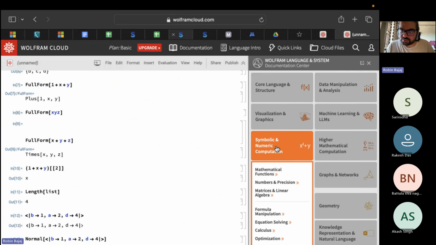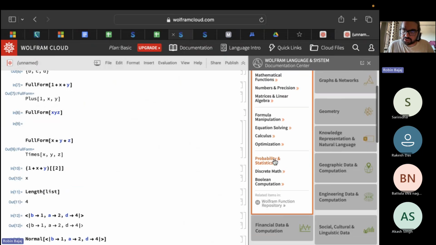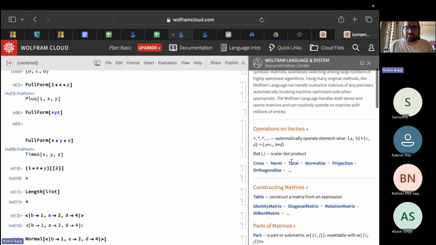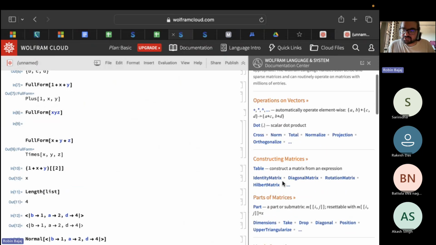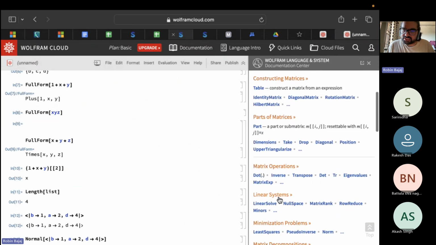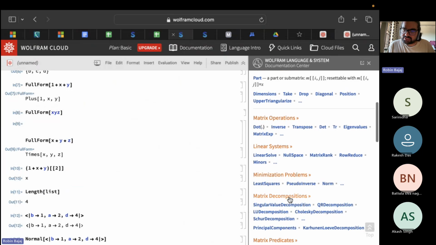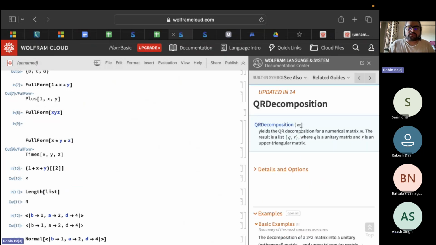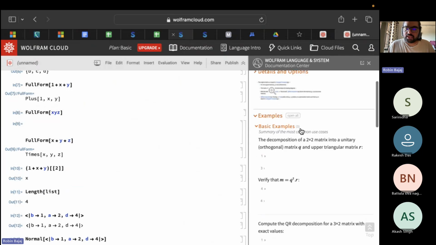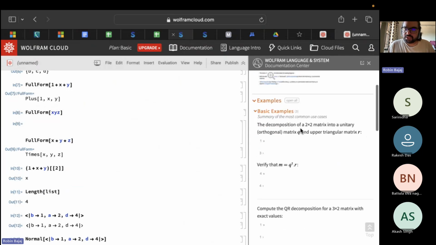So symbolic computation, equation solving, matrices and linear algebra. Most of the physics involves matrices and linear algebra. So basically you go to this, you can use this for the QR decomposition. Basically, that's equivalent to solving the eigenvalue problem.